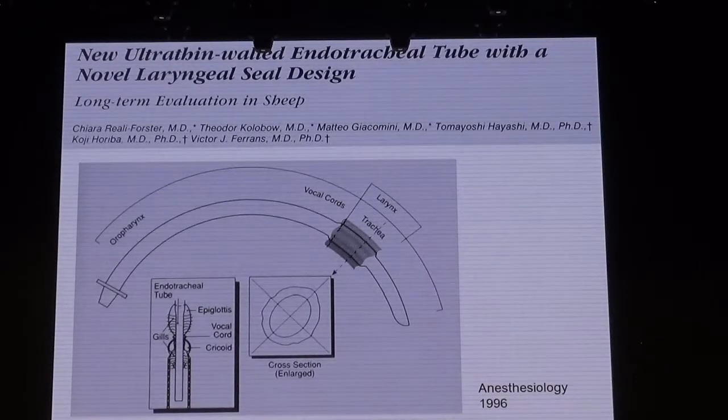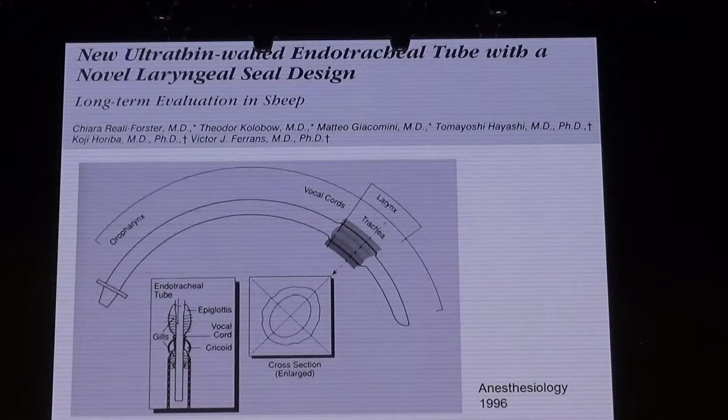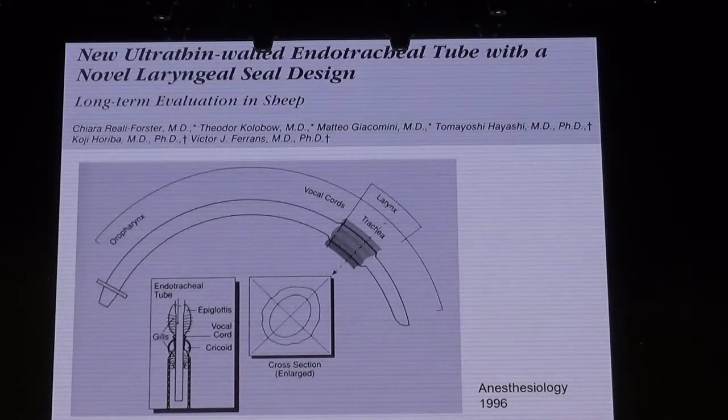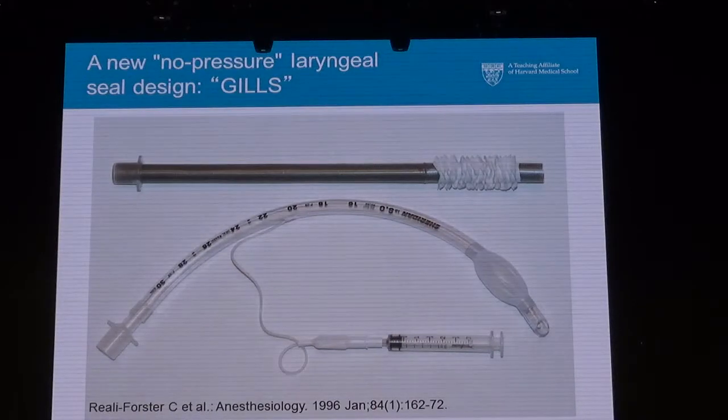There is no cuff, and the membranes just adhere to the wall of the trachea because of the viscoelastic properties, because of the secretions and the saliva, and it doesn't allow secretions or airway leaks. However, no company produces it, it's just the idea, the concept, and they tested this material in animals. And this is the picture of the tube.